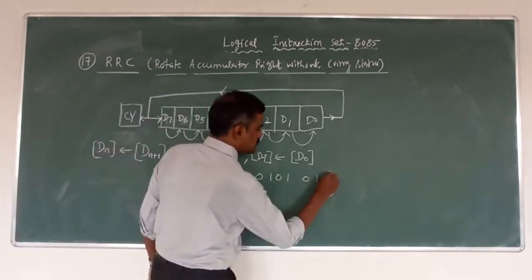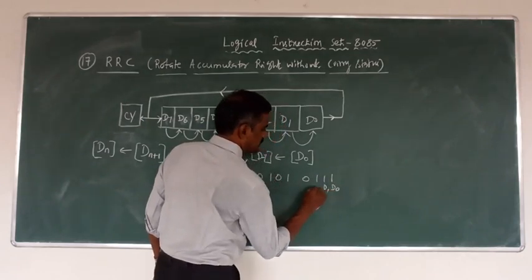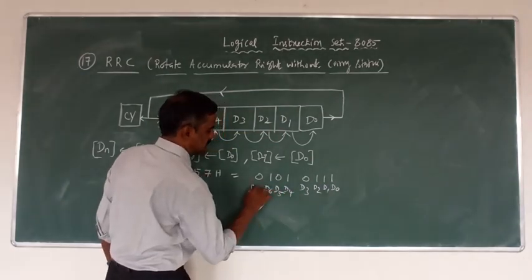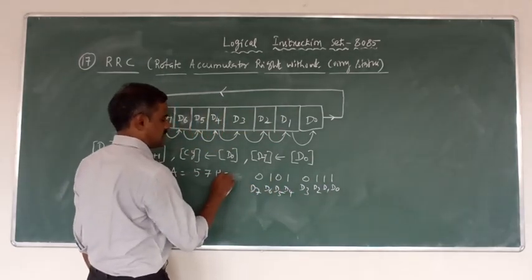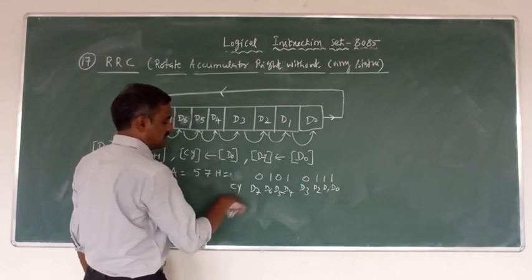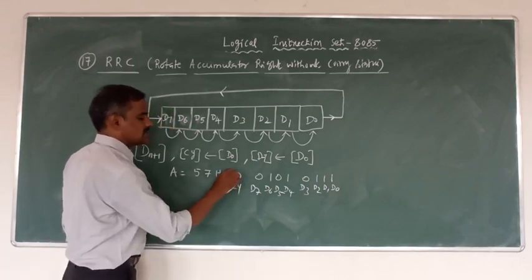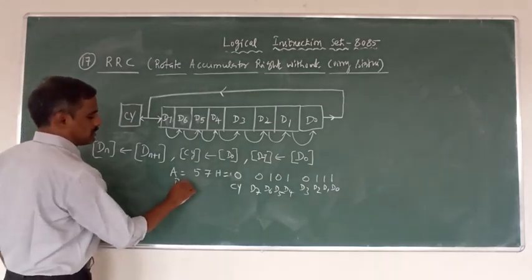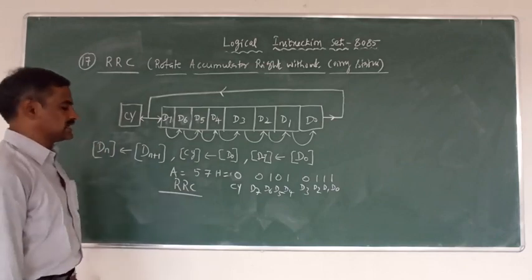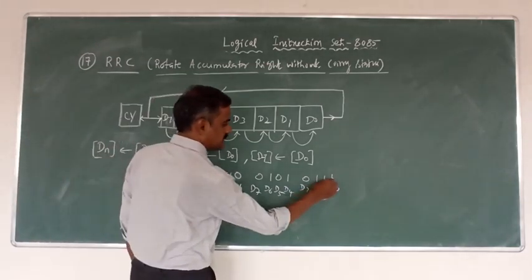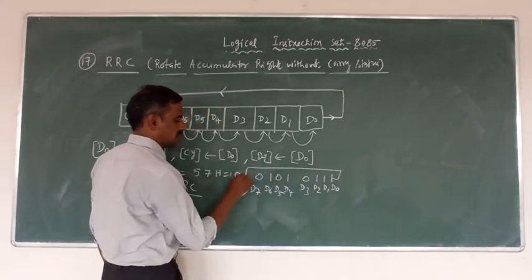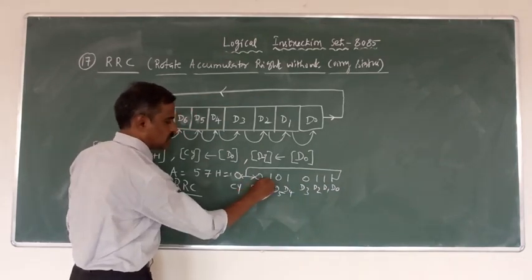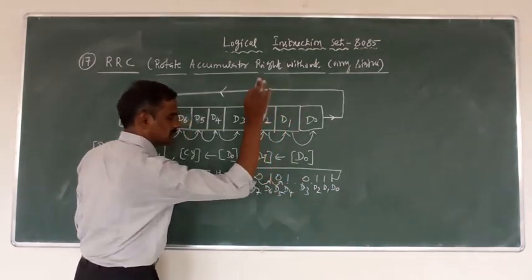Okay. This is for D0 bit, D1, D2, D3, D4, D5, D6 and D7, and carry, suppose initially 0. Now after RRC, rotate the accumulator content right. That is, the D0 bit data moves towards D7 as well as carry. The D7 data moves to D6, D6 to D5, like that.